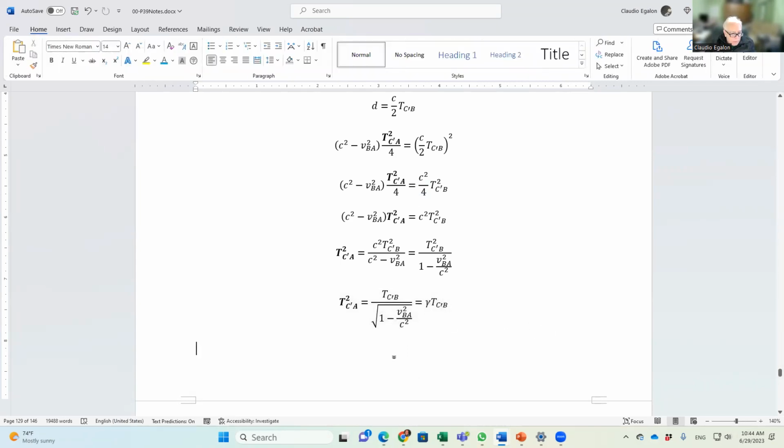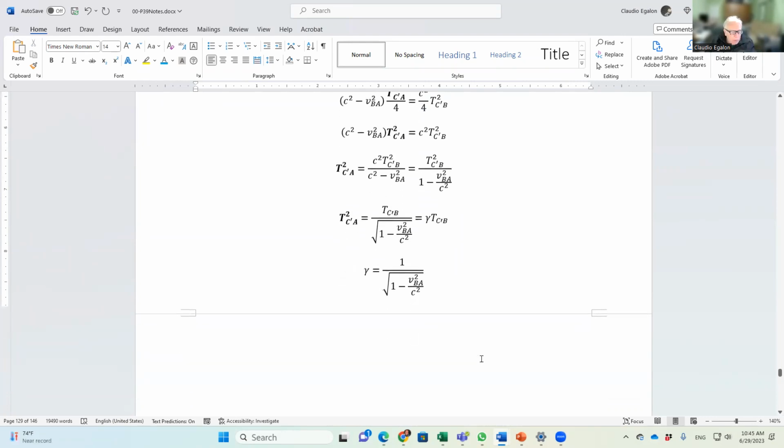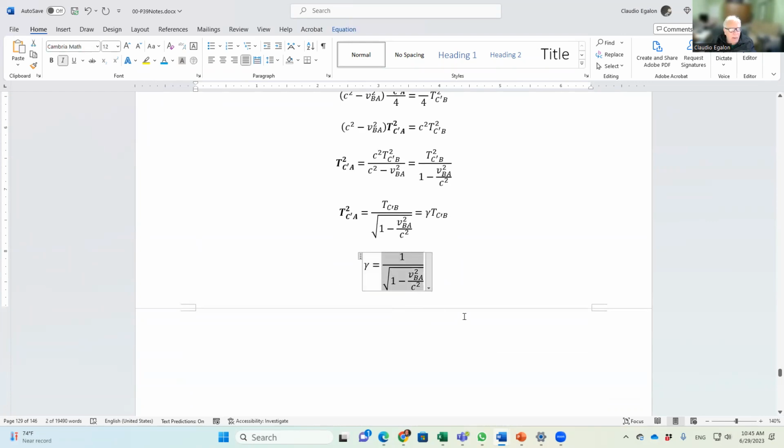And Einstein arrived at this solution with the postulate of relativity, the speed of the light the same in both referentials. Let's take a look how this term behaves, right?